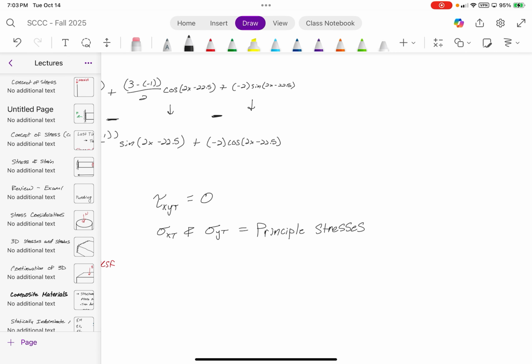And what these principal stresses are is they are the maximum and minimum axial stresses.